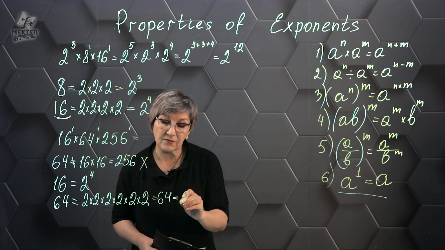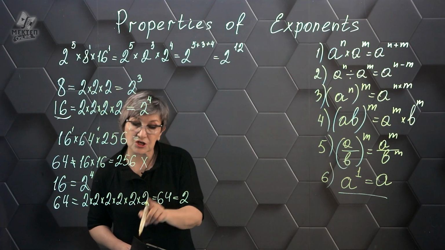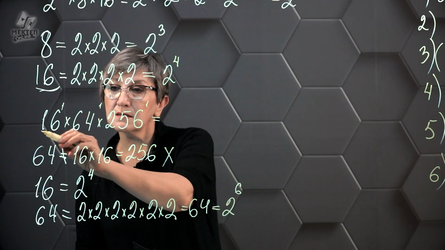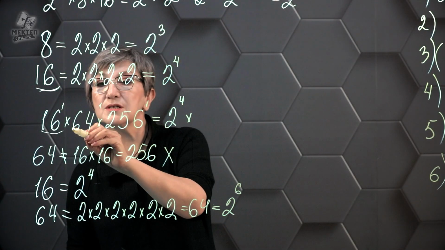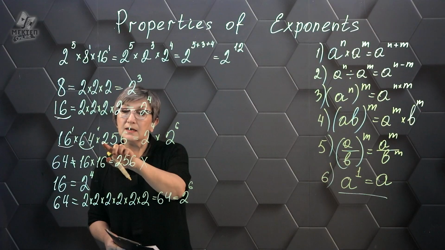Then 64 is 2 to the power of 6. 1, 2, 3, 4, 5, 6, to the 6th degree. So 16 is 2 to the power of 4, and 64 is 2 to the power of 6.